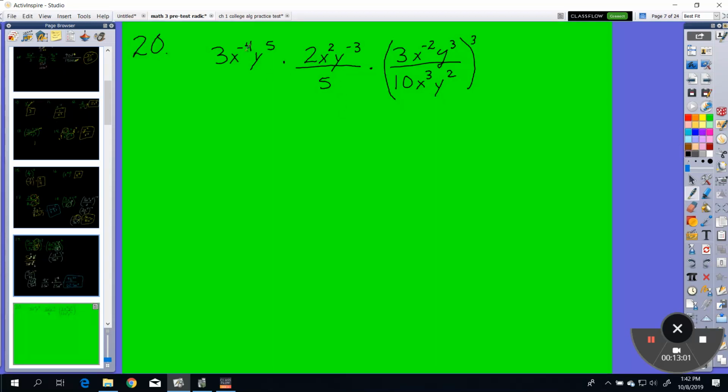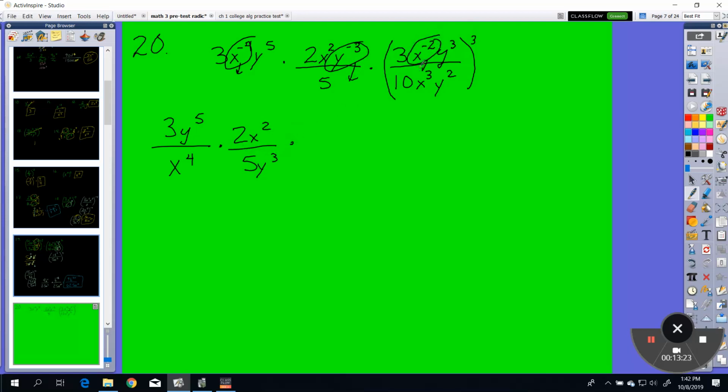So let's go ahead and start moving the negative exponents in this first one. So that's 3y to the 5th, because this x to the negative 4th goes down. So that's x to the 4th now. On the second one, I have 2x squared over 5, but y to the negative 3, it goes down. Now we have this mess.